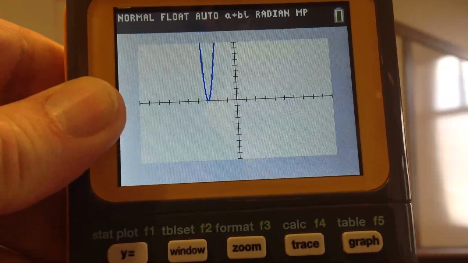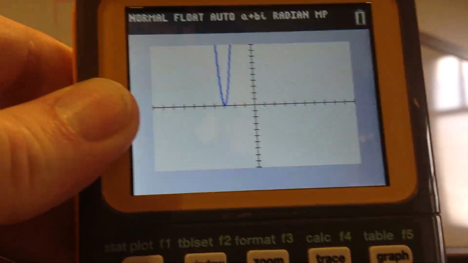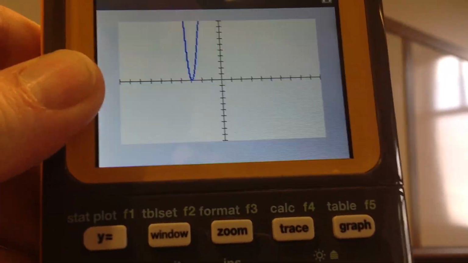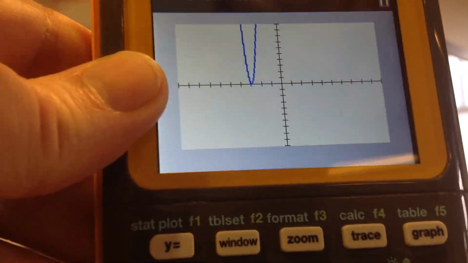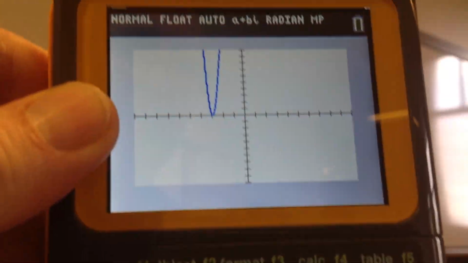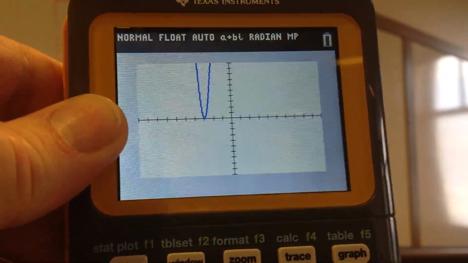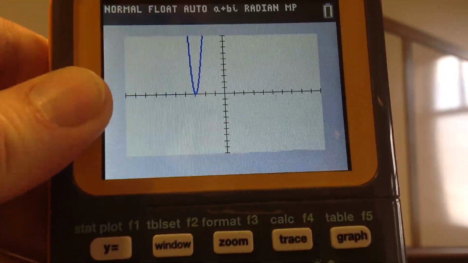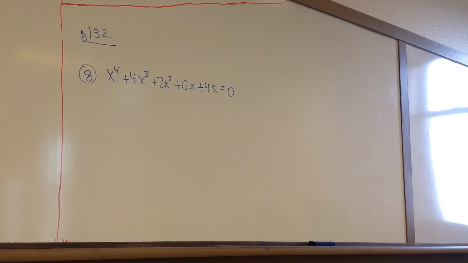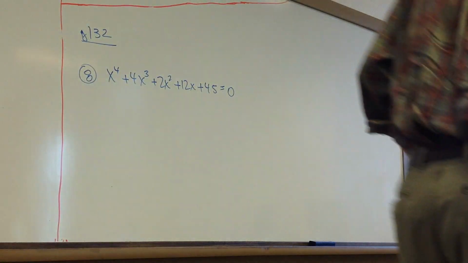We don't see any other roots. Now, I have set these up so that there isn't anything happening out past +10 or out past -10. There are ways to determine whether or not there are other roots outside of this window. But all we can see here is the root at -3. So we're going to use that root of -3.